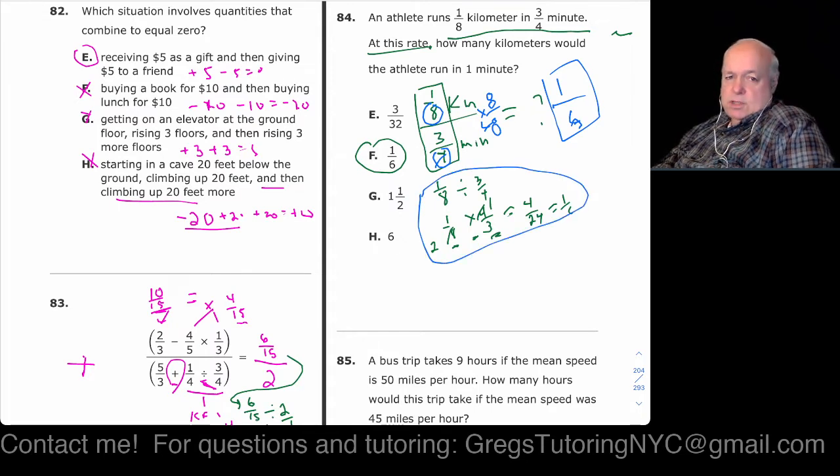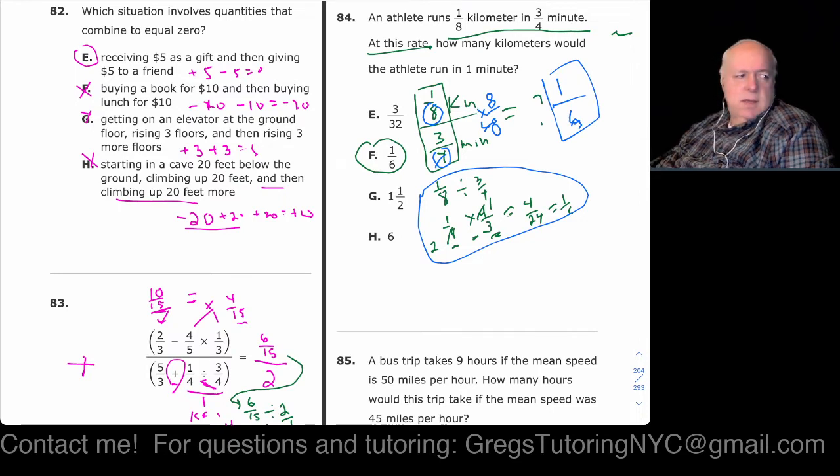Now, there are other approaches to this. If it's asking how many kilometers would the athlete run in 1 minute, by the way, my initial concern of having to do a conversion from minutes or kilometers was not needed, because it was not asking that. And in a lot of cases, rate questions can be set up as proportions. How can we do that?